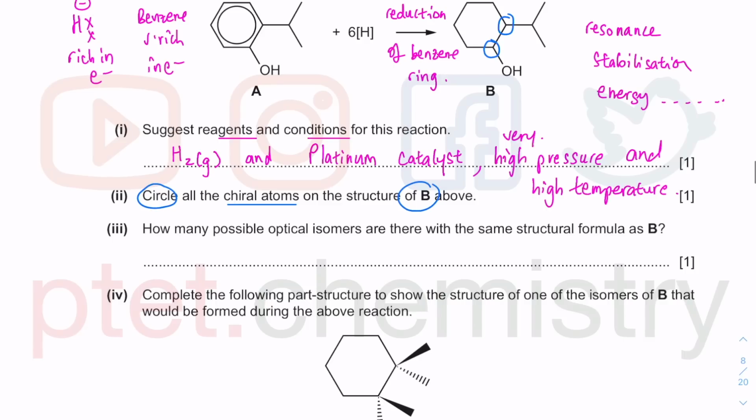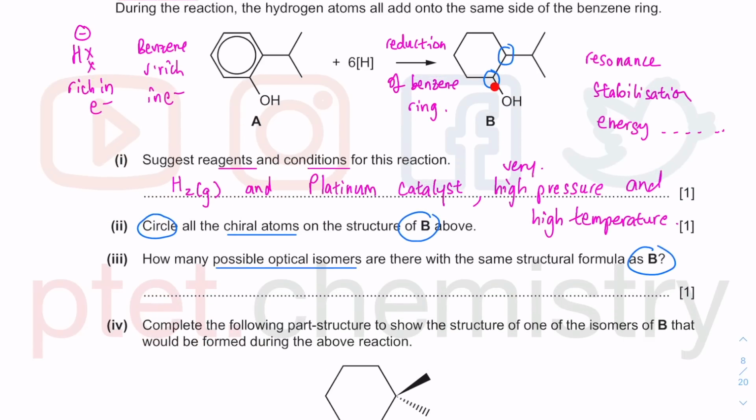How many possible optical isomers are there from this structure B? Because you have two chiral centers, you're going to get 2 to the power of 2. Why do I talk about clockwise? Because these are what you call optical rotation of plane polarized light, as you know from the new syllabus. In fact, the old syllabus also has all of these as part of organic synthesis. The only way to differentiate optical isomers is by optical activity, because they rotate plane polarized light in opposite directions.